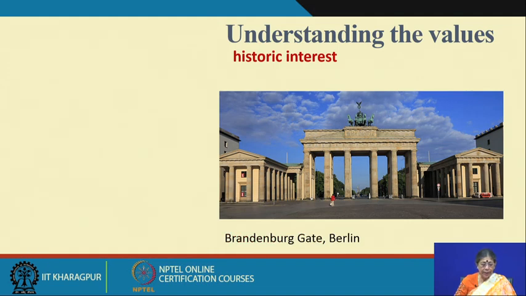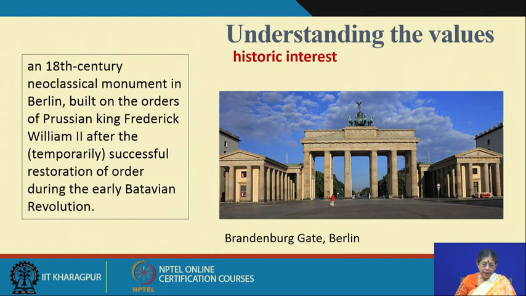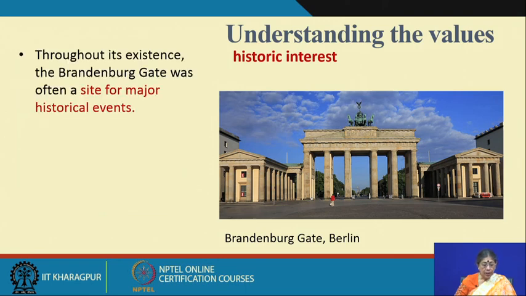In this particular case, it is an 18th century neoclassical monument in Berlin, built on the orders of the Prussian king after successful restoration of order during the early Batavian Revolution. But throughout its existence, the Brandenburg Gate was often a site for major historical events.